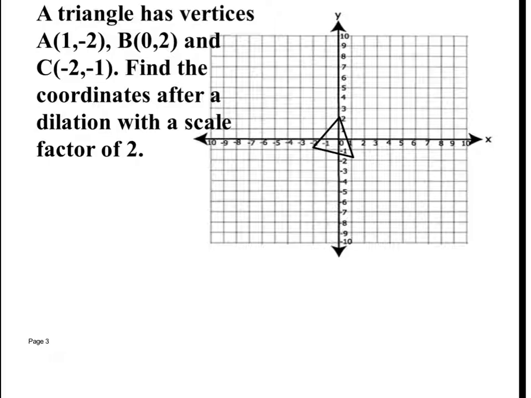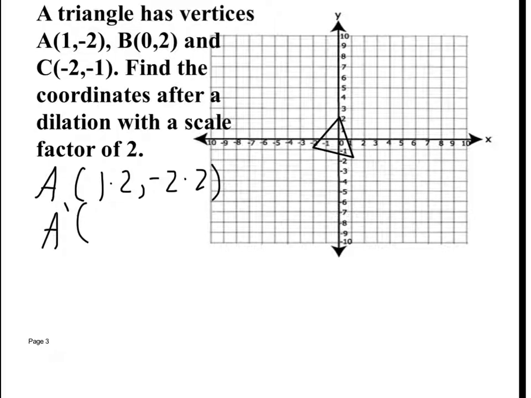So I've graphed the original. Now what we're going to do is find the coordinates after dilation with a scale factor of 2. All we do is take every coordinate, the x and y coordinate of A, B, and C, and times it by 2. So A is at 1, negative 2, so I'm going to times 1 by 2, and I'm going to take negative 2 times 2 to give me A prime.